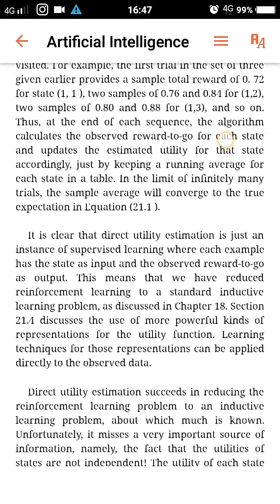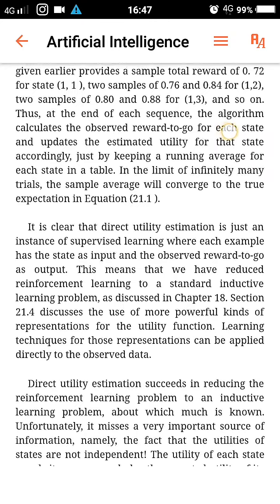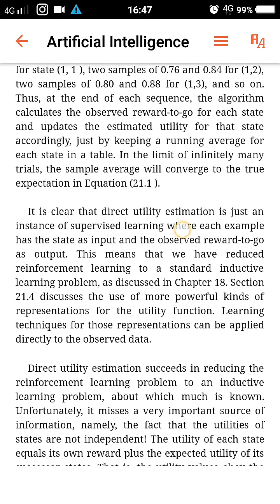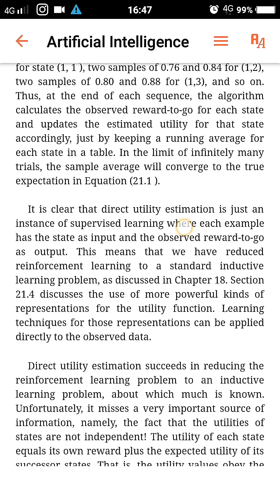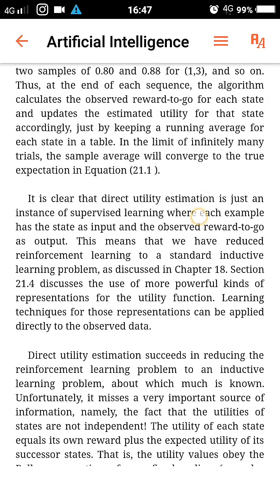For example, the first trial in the set of three given earlier provides a sample total reward of 0.72 for state (1,1), two samples of 0.76 and 0.84 for (1,2), two samples of 0.80 and 0.88 for (1,3), and so on.